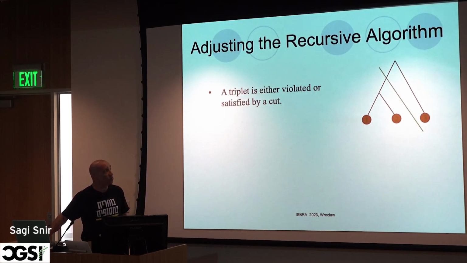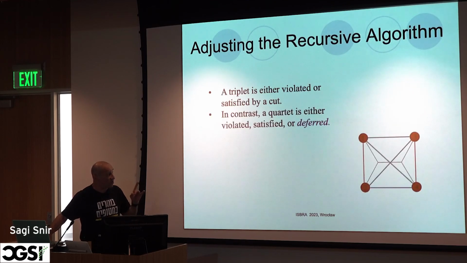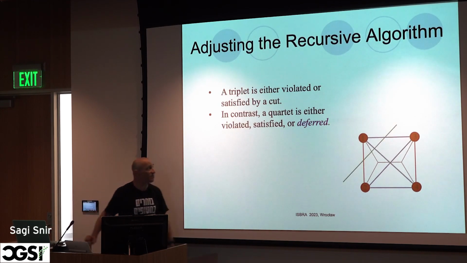Or that we satisfy that triplet. However, here we have one more complicated case. Either we violate, we cut these 2 bad edges, we separate 1 from 2 and 3 from 4, or we satisfy, but we have another case here. This is the deferred edge.